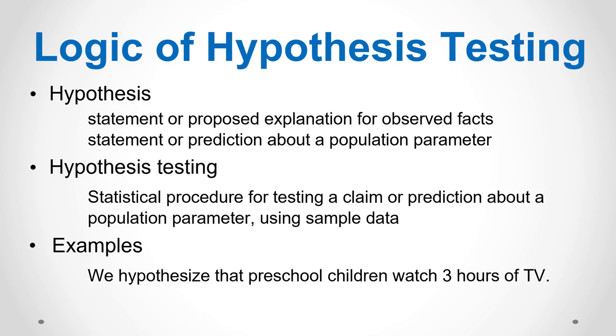To test whether this claim is true for preschool children, we record the time in hours that 100 American preschool children, the sample, among all children in the U.S., the population, watch television. The mean we calculate for these 100 children is the sample mean. We can then compare the sample mean from our sample to the population mean stated in the article.